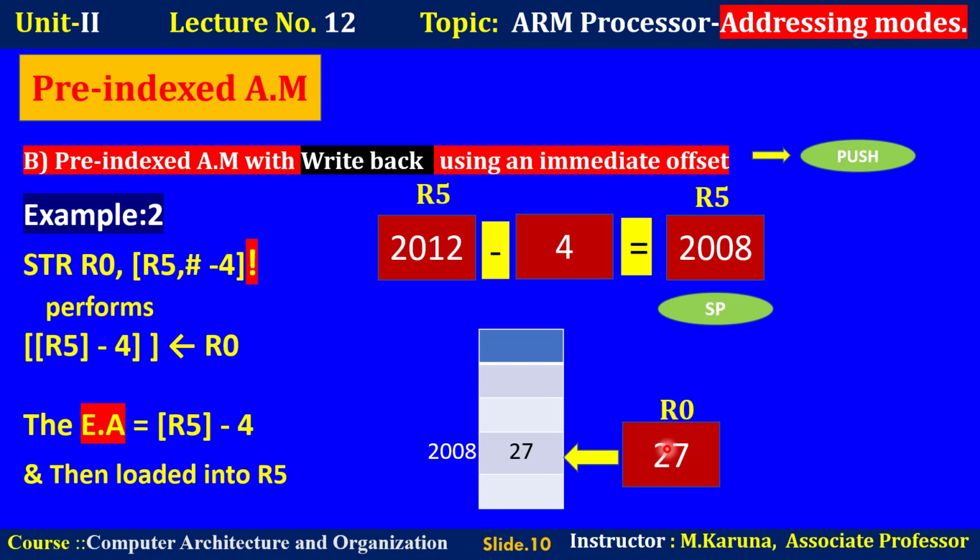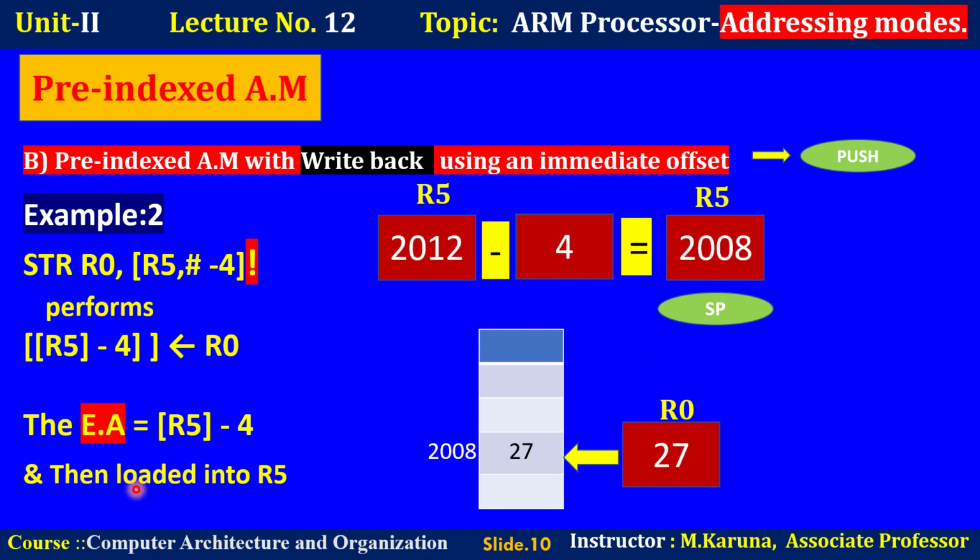Okay, that will be transferred to the memory location at address 2008. That 2008 is generated from this calculation of effective address. After generating this, 2008 will be reloaded into R5.